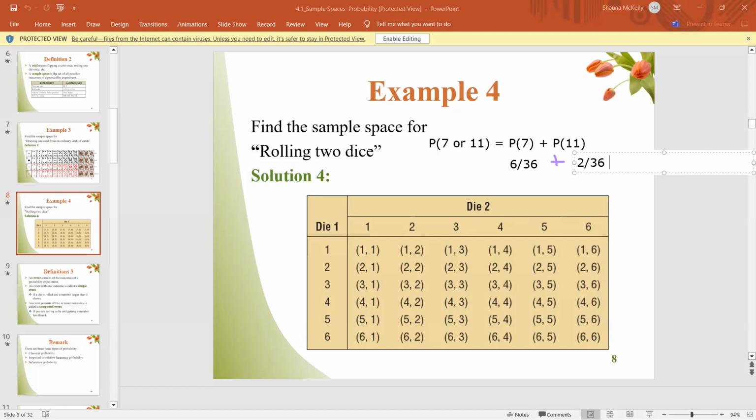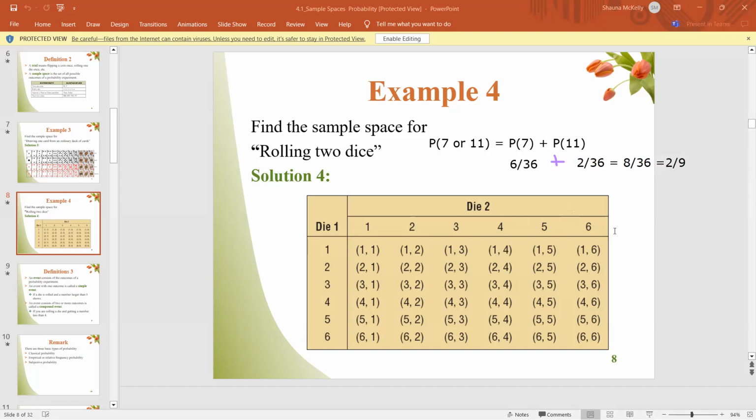And if you need help to reduce the fraction, they are both divisible by 4. So this should be 2 out of 9. Very good. And then you can get the decimal and the percent by yourself. Very good job. 2 out of 9, good.